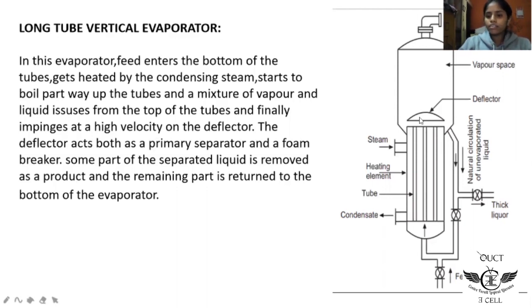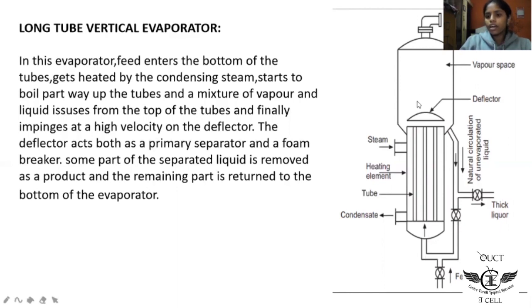The role which the deflector plays is that it primarily separates and breaks the foam. Some part of the separated liquid is discharged as the product, and the remaining is returned to the bottom of the evaporator.